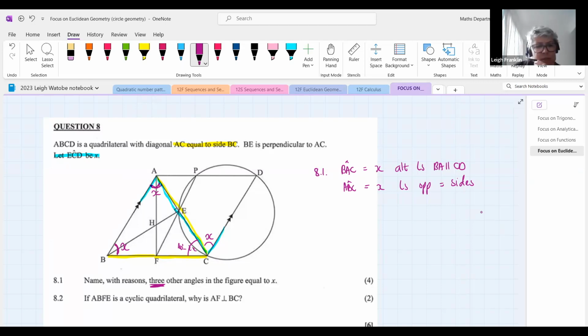I can't see anything else that x could equal in this diagram, actually. They've said 3 other angles. I don't know about H. H just seems to be where lines are crossing over one another. They didn't ask us to prove anything else either, did they?